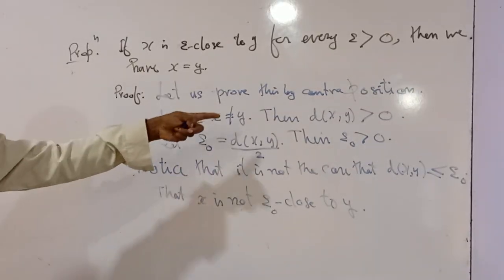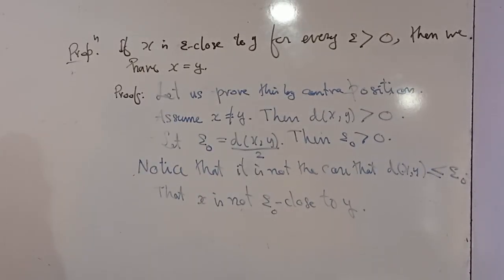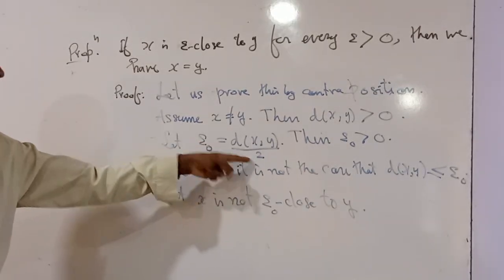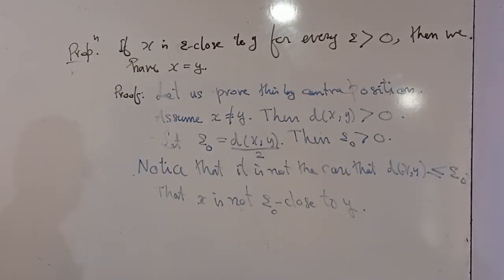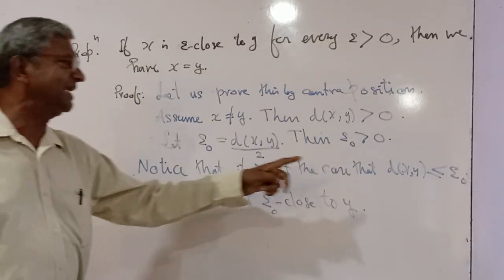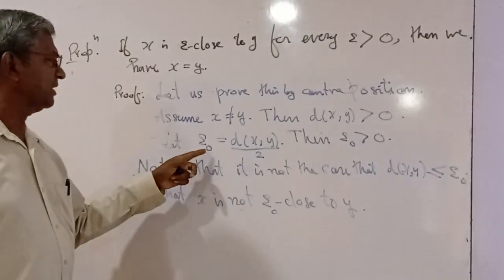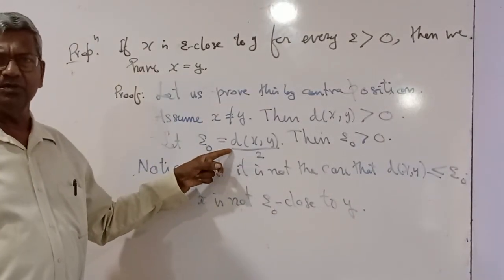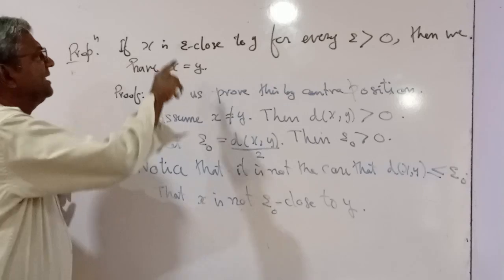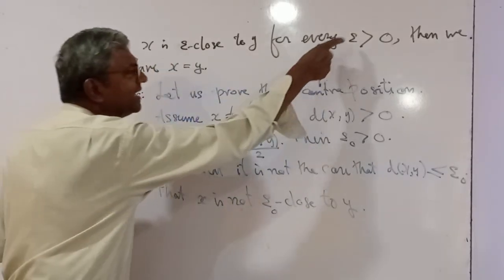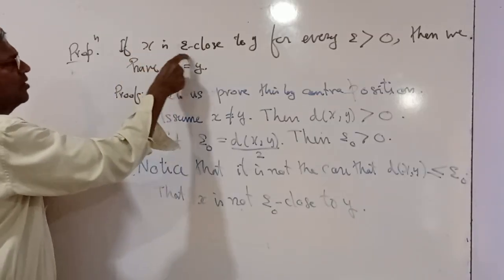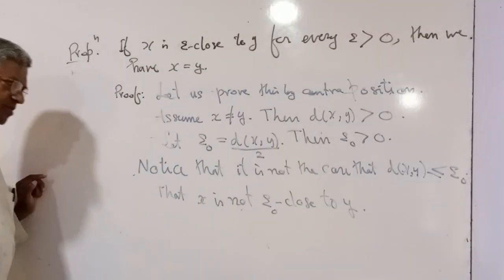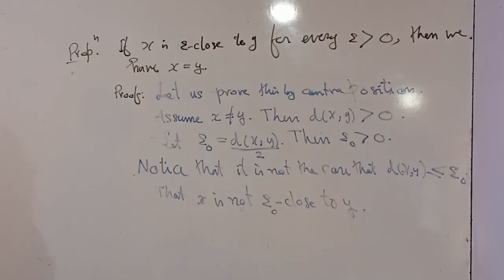Assume x is not equal to y, then dxy greater than 0. Let epsilon 0 be equal to dxy divided by 2, then epsilon 0 greater than 0. Notice that it is not the case that dxy less than or equal to epsilon 0. That means I have proved there exists an epsilon greater than 0 such that x is not epsilon close to y.